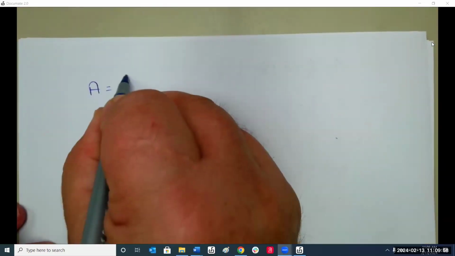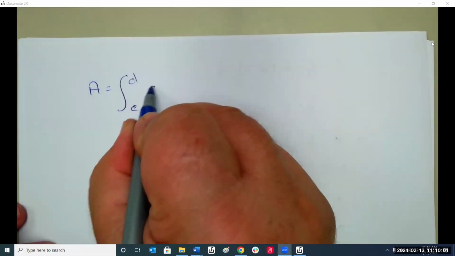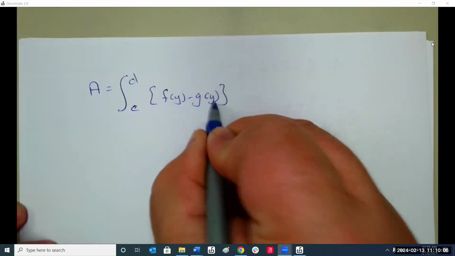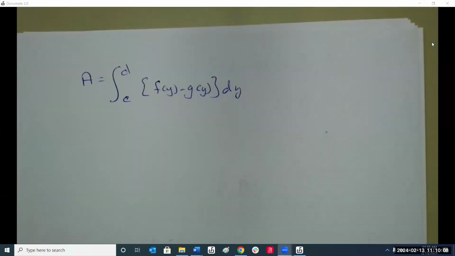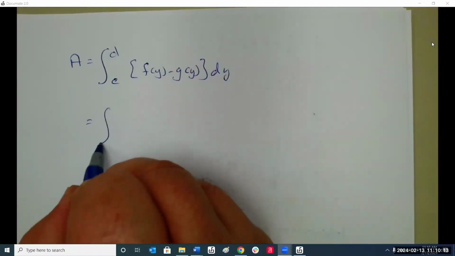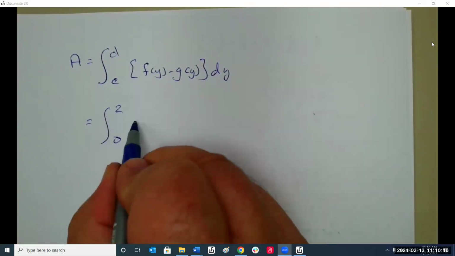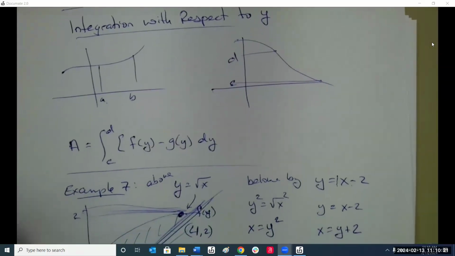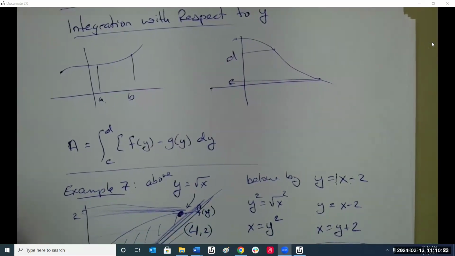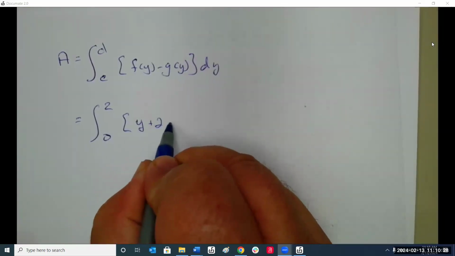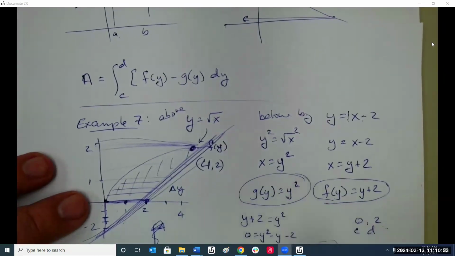So the area is going to be from C to D, f of y minus g of y, dy. From 0 to 2, our f function was x or y plus 2 minus our g function, which is y squared.